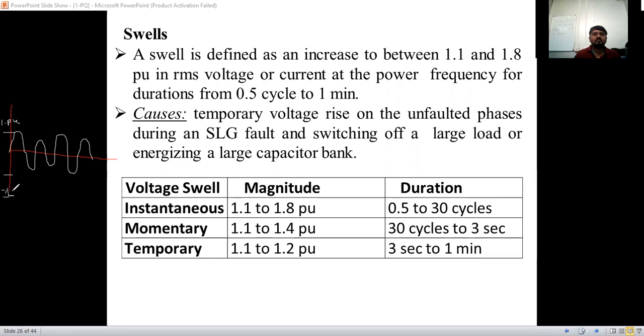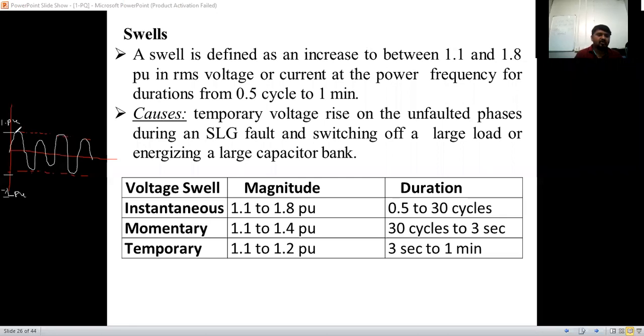Anyone, can you tell? Gayatri, are you there? From this diagram, can you tell me, is there any swell or sag? See here, this is the diagram, the sinusoidal waveform I have drawn.